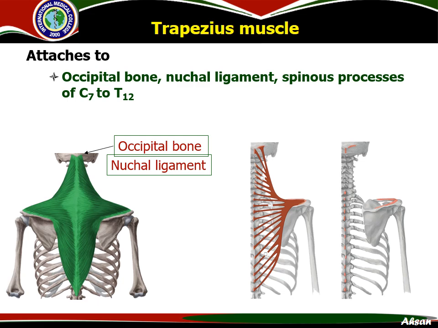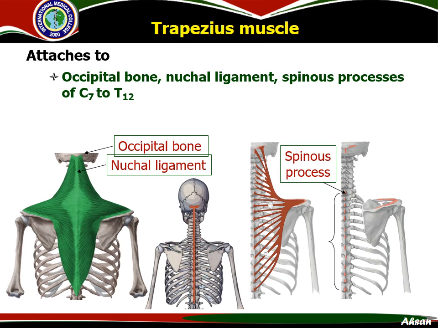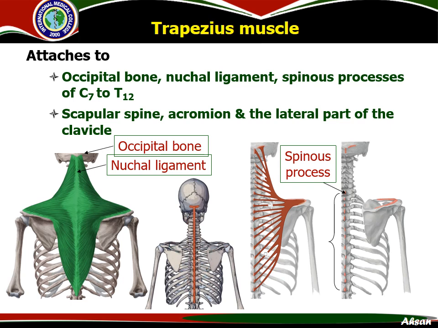This is the occipital bone, external occipital protuberance. This line up to the 7th cervical spine is the nuchal ligament, and from this you can see all the spines of the thoracic vertebral tips provide attachment to this trapezius muscle.